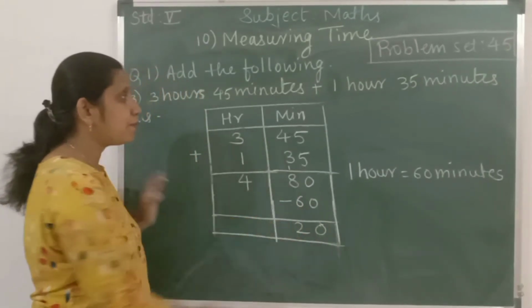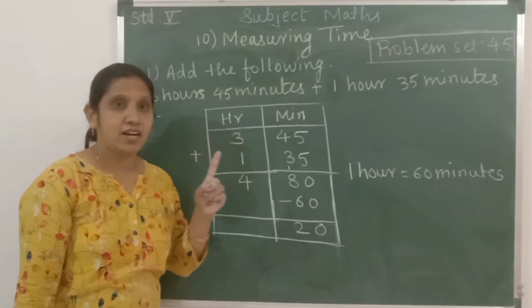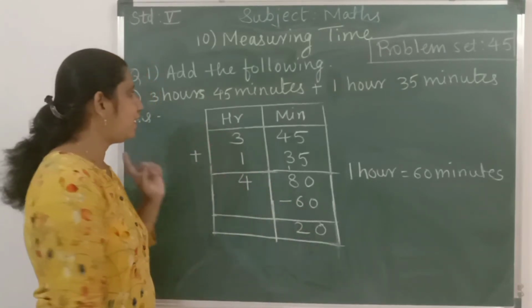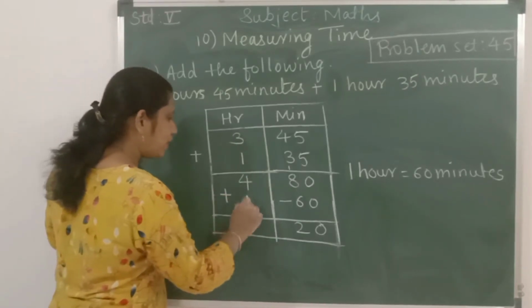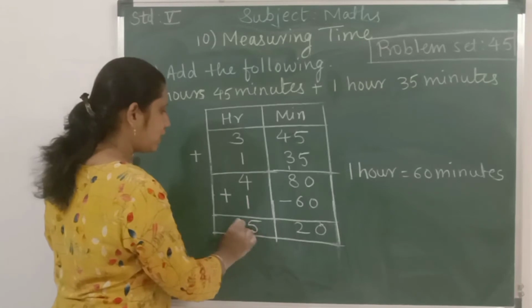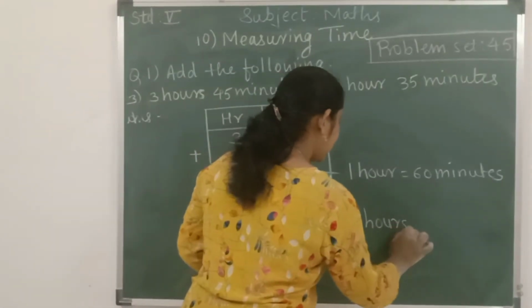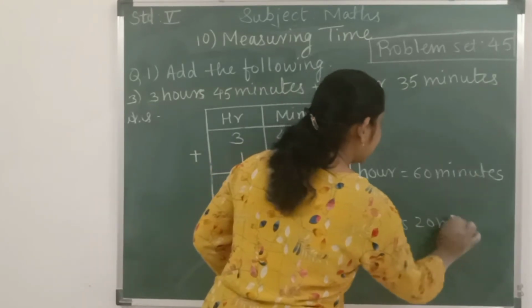Children, when I am subtracting 60 minutes, it means I have subtracted 1 hour. That 1 hour has to be added in the hour column. So plus 1 over here, what will we get? 4 plus 1, 5. Okay, so what is our final answer? 5 hours, 20 minutes.